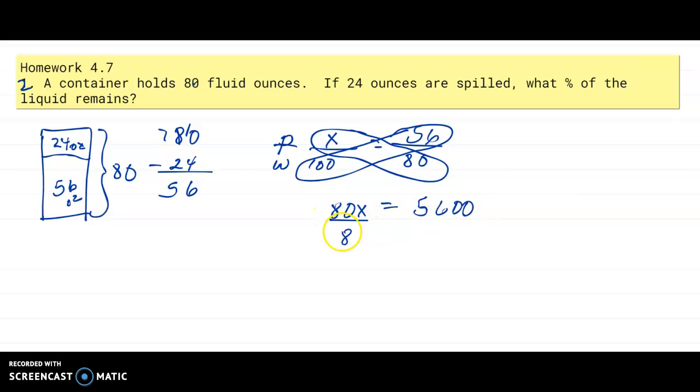We divide both sides by 80. We see that 5,600 divided by 80 is 70. So that tells us that 56 ounces is equivalent to 70%. So there's still 70% of the liquid in the container.